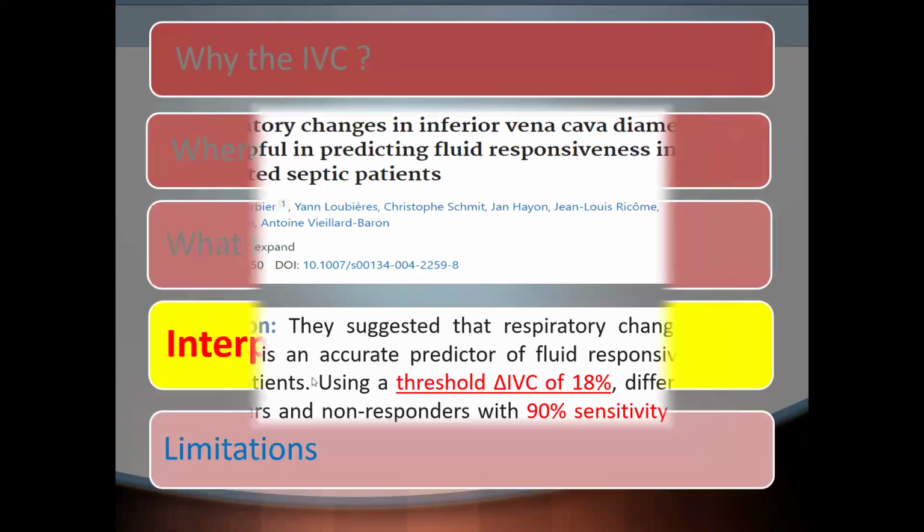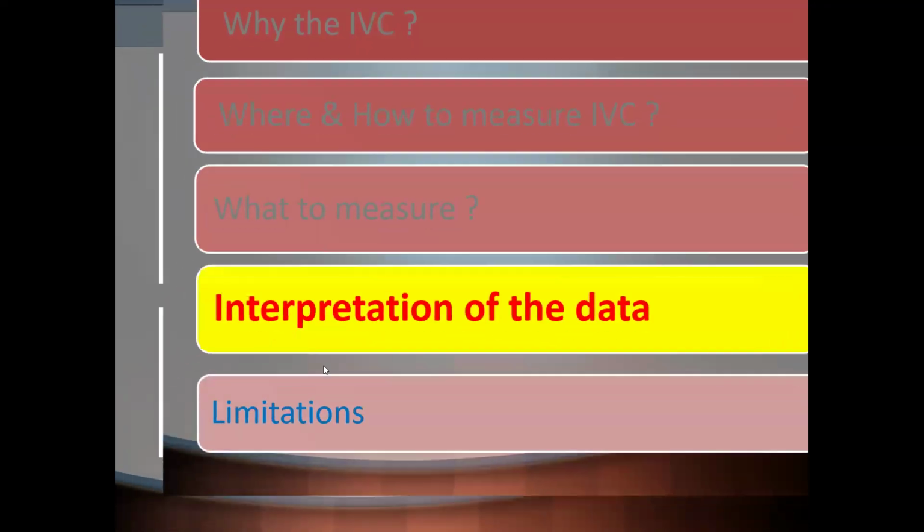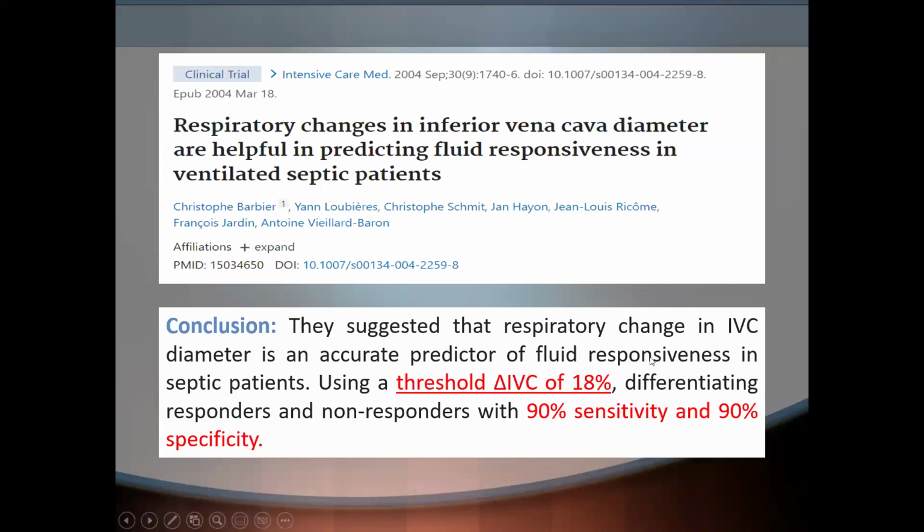We have a clinical trial which suggests that the respiratory change in IVC diameter is an accurate predictor of fluid responsiveness, with a threshold of 18% differentiating responders from non-responders, with 90% sensitivity and 90% specificity.